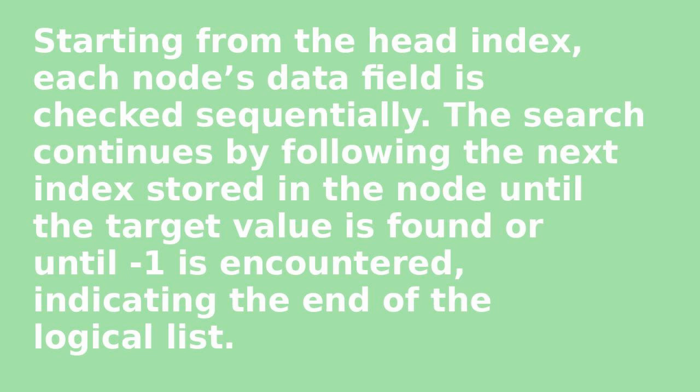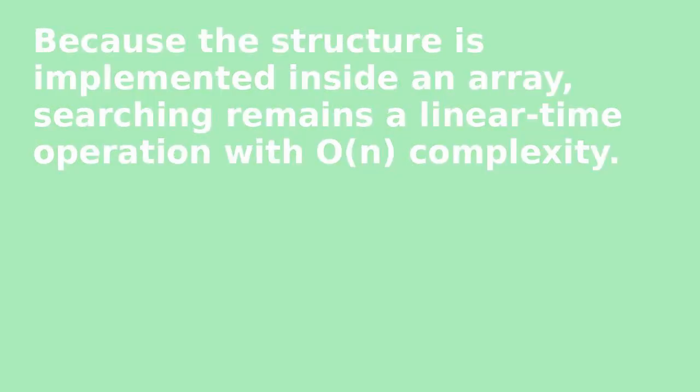Starting from the head index, each node's data field is checked sequentially. The search continues by following the next index stored in the node until the target value is found, or until -1 is encountered, indicating the end of the logical list. Because the structure is implemented inside an array, searching remains a linear time operation with O(n) complexity.